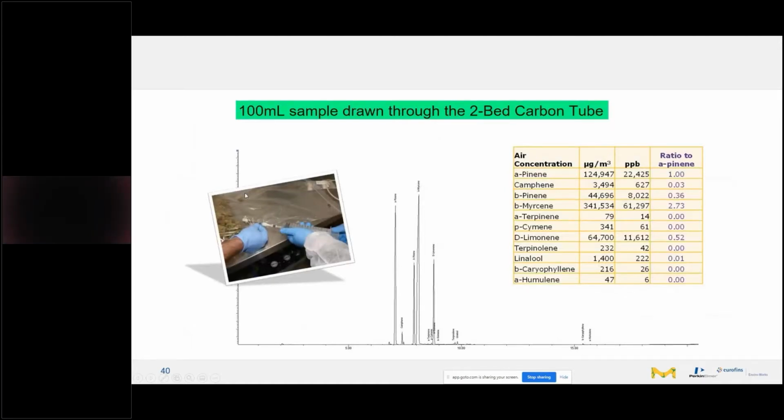If you look at the picture, we just took a gas tight syringe, very easy, and we drew a 100 ml sample from these ground flowers. And here is our profile, very accurate profile. And again, it's not only what's there, it's the amount that's there.